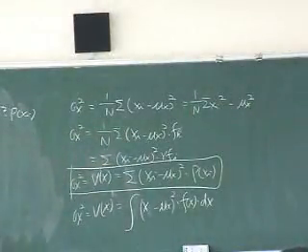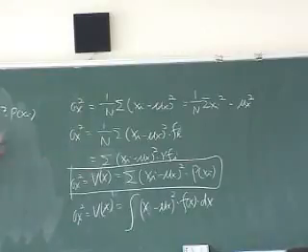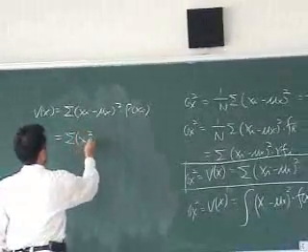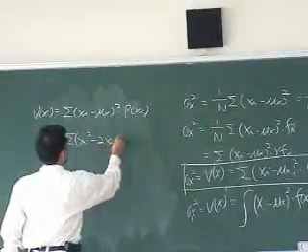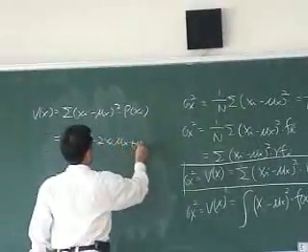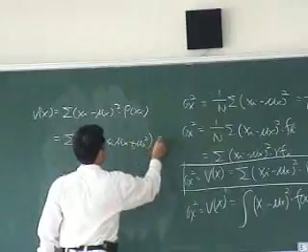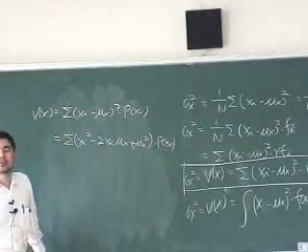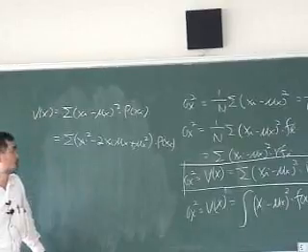The same thing, first we have to expand it. So summation (xi squared minus 2 xi mu x plus mu x squared) times p(xi). Any questions so far?